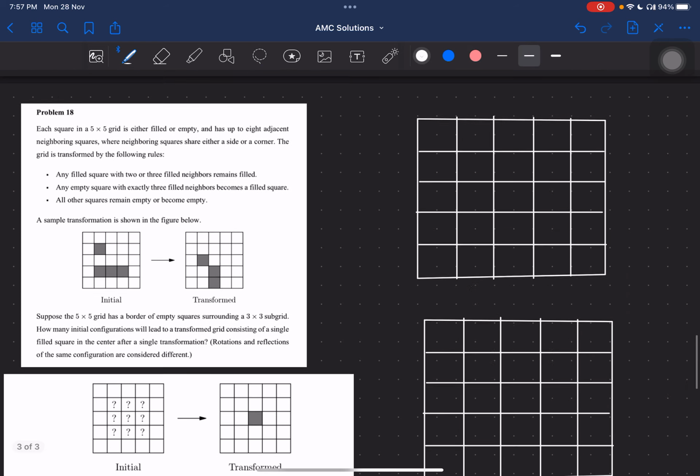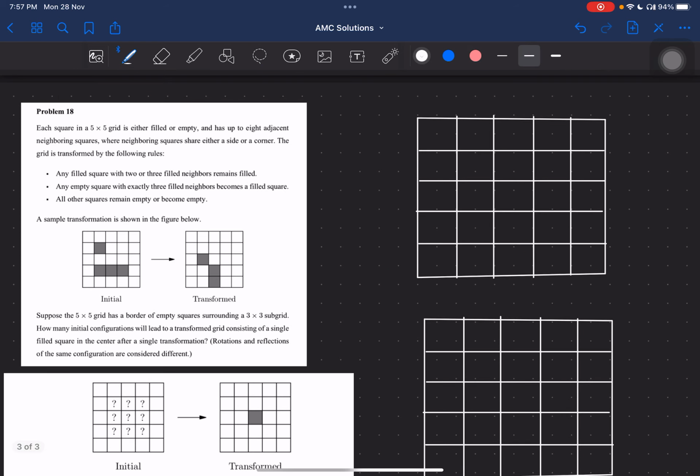So now let us go to an example. Empty I will keep blank, otherwise I will fill it with this color. So suppose this is filled, and it has 2 or 3 neighbors filled. So suppose this one is filled and this one is also filled.